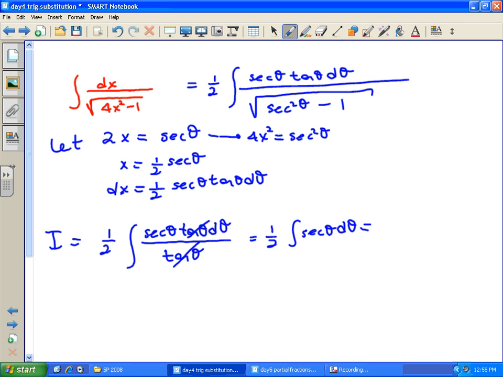Any questions up to this point, and also any suggestions about the integral of the secant function? Feel free to look it up in a table, in a formula sheet. This is something you do not have to memorize, but know where to get it. Any questions, first of all?